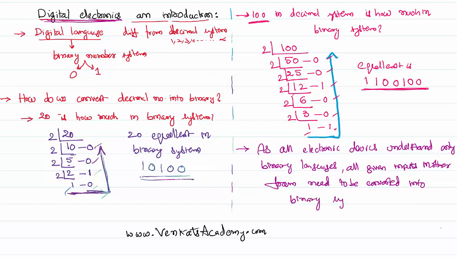That's why all digital electronics understands only 0 and 1, nothing else. Fine, you understand there are only zeros and ones.